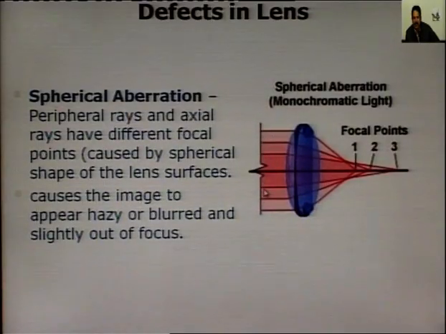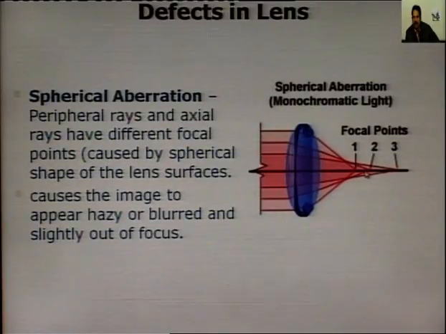The rays of light which are away from the principal axis are called marginal rays. So these rays which are near the principal axis, because they travel a larger distance through the body of the lens or glass, are deflected to a different extent than the rays of light which move through the edges of the lens.